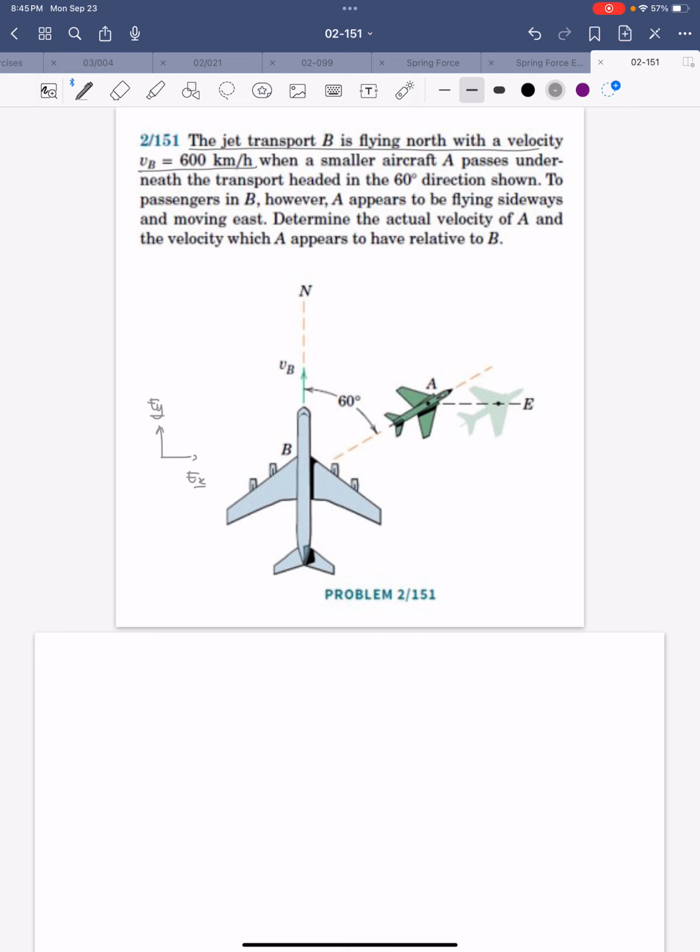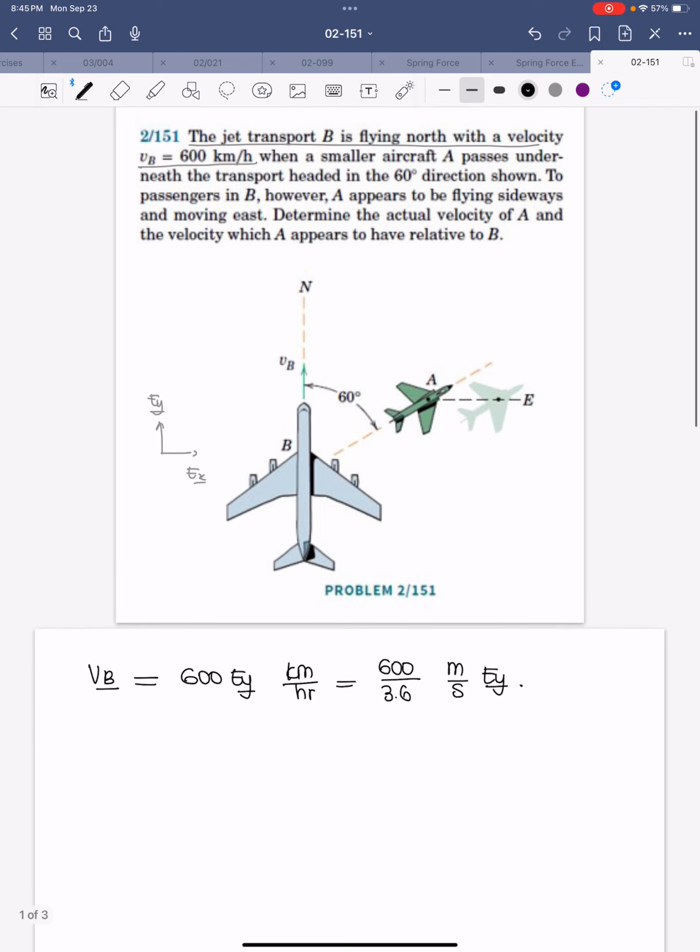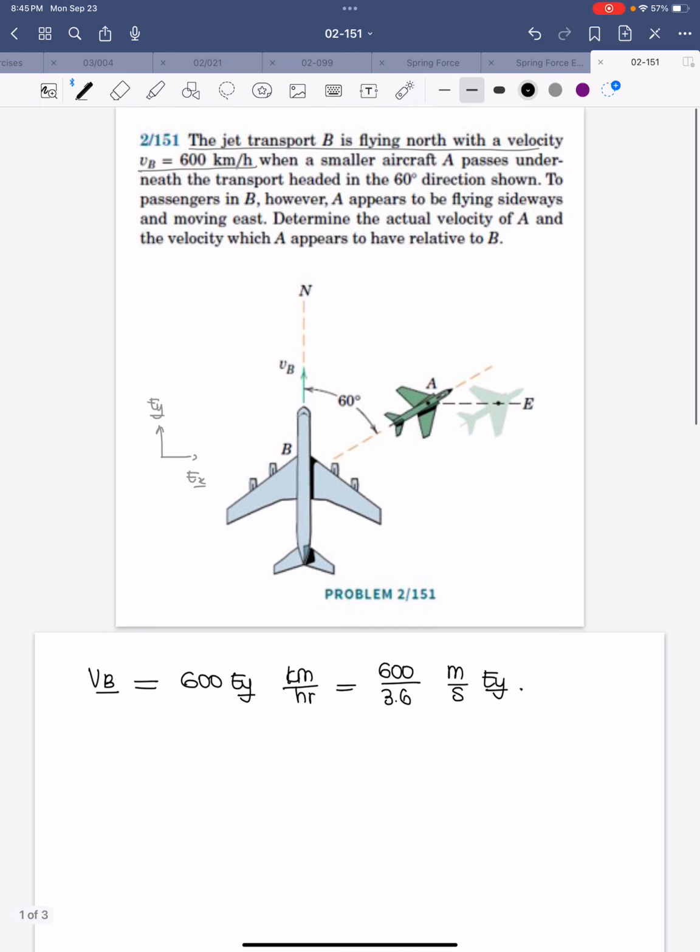So then VB is just 600 EY kilometers per hour. Let's just convert to meters per second. Okay, so VB is traveling north with this speed.